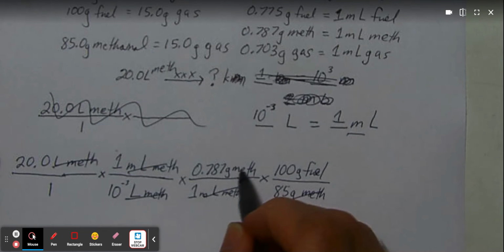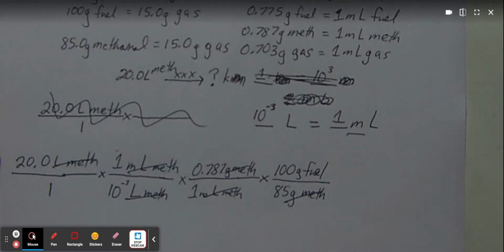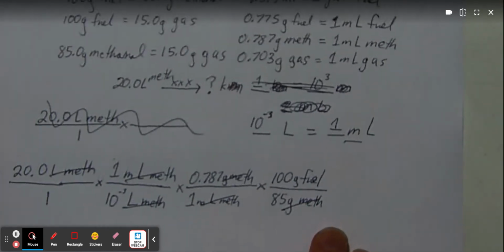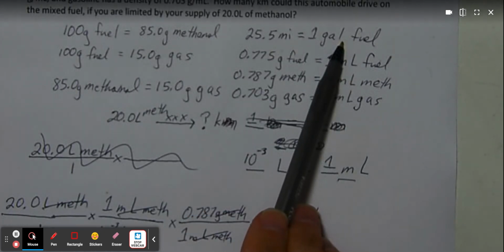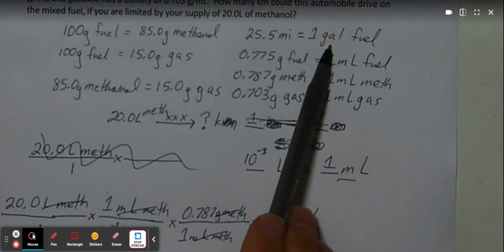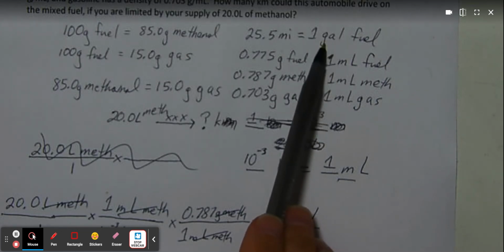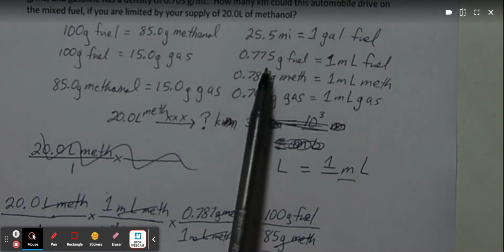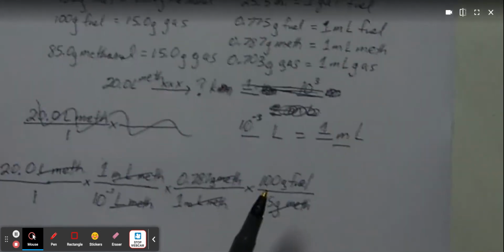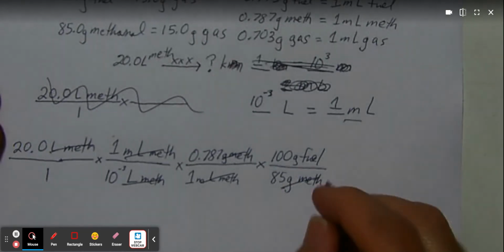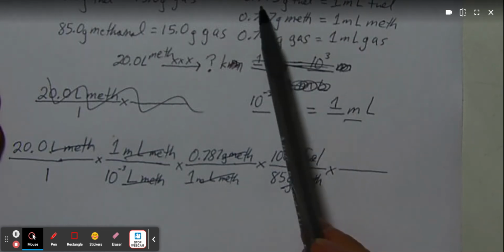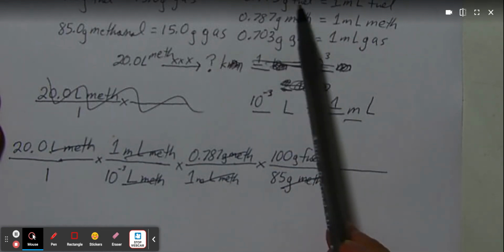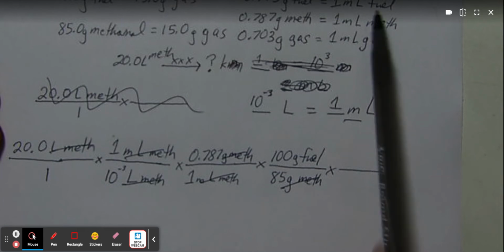So grams of methanol cancel out. Now I have grams of fuel, but in order to get to distance, I need gallons of fuel. A gallon is a volume, so in order to get to volume, I'm going to have to go back to the density. I'm now going to use the density of the fuel that they gave me, which is 0.775 grams of fuel per milliliter.